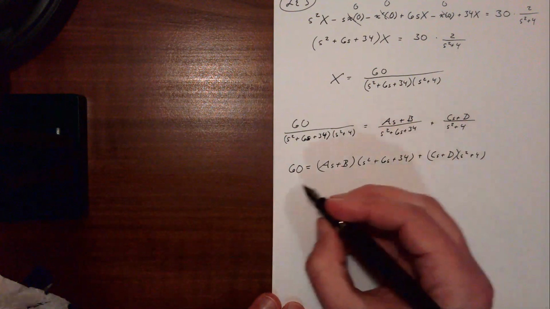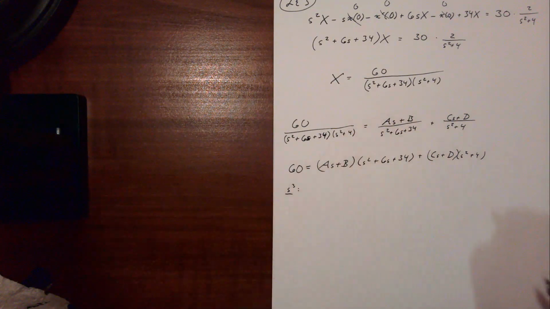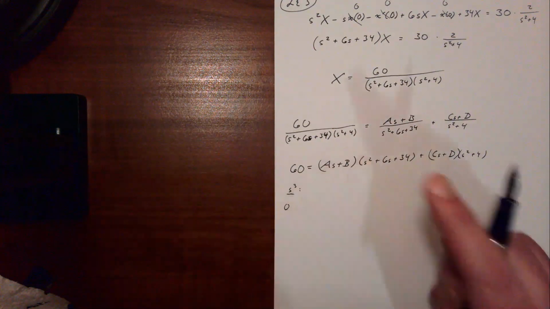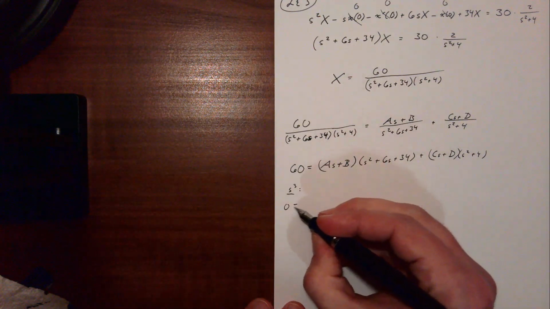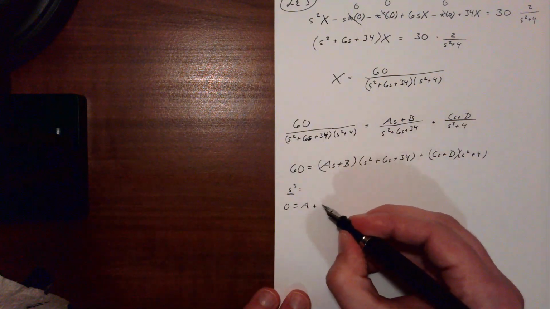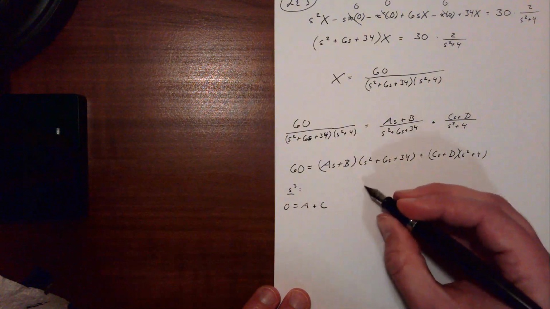And actually at this point, it's easier sometimes not to multiply it all out, but to look for the pieces that are going to have the degree that you want. So for the s cubed term, we're going to have 0 on the left, and it's going to be A on the right, and there's going to be C on the right. And that's going to be it. There's no other way of making an s cubed out of these.